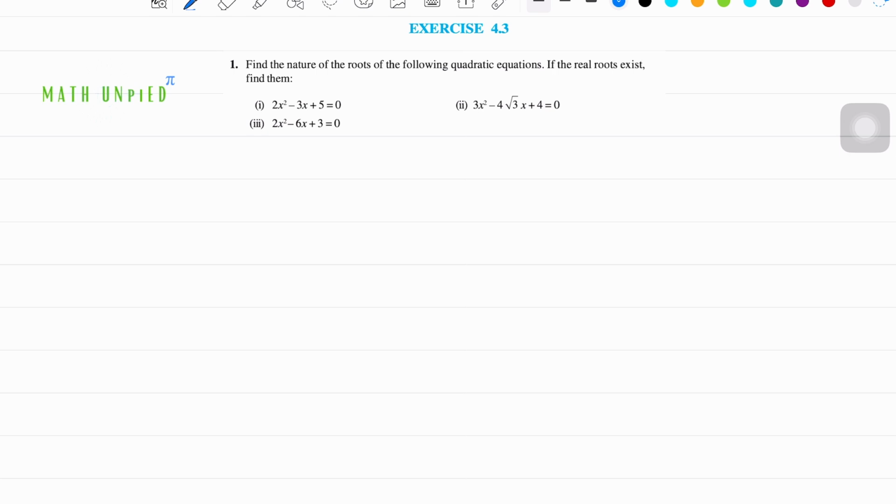Now let's move on to the third one. 2x squared minus 6x plus 3 equals 0.